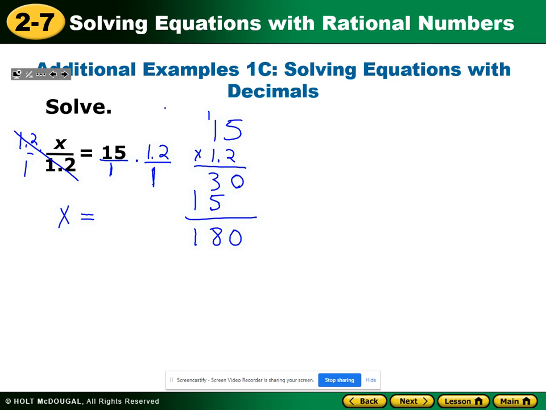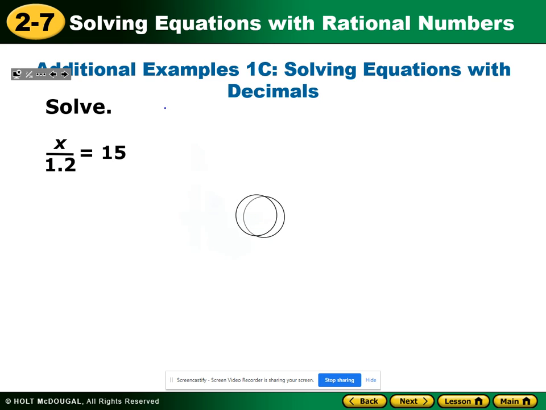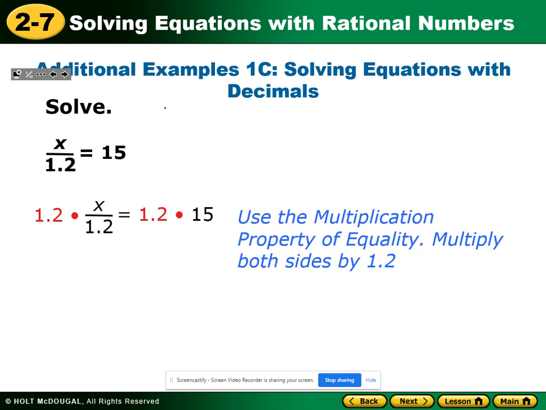One decimal, one place right of the decimal, so we got to move it. 18 is our answer. And if we think about it, 1.2 is a little bit bigger than 1, so 18 divided by 1.2 will give us 15. We've got our answer using the stuff we already know how to do, inverse operations. Only thing new today is that we're doing it with rational numbers.